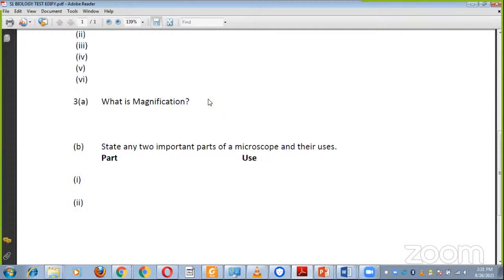I gave you the acronym MIA, whereby M stands for magnification, I stands for image size, and A stands for actual size. So magnification is equal to image size divided by actual size.